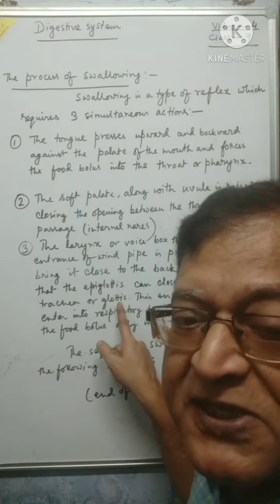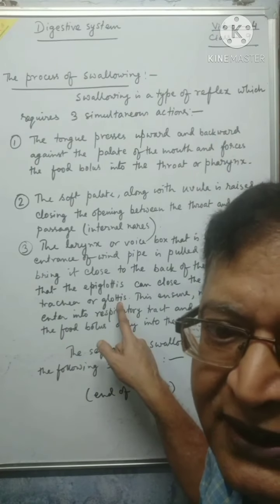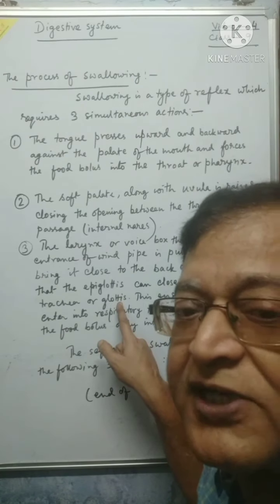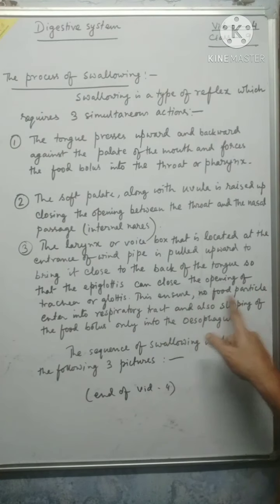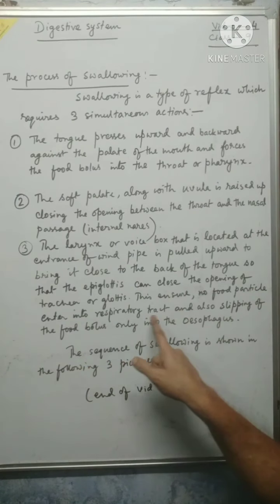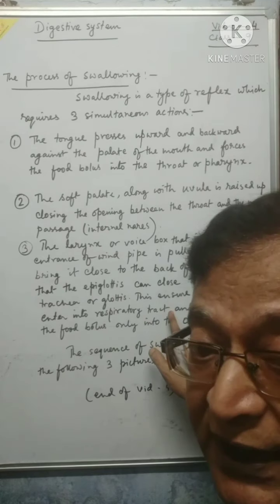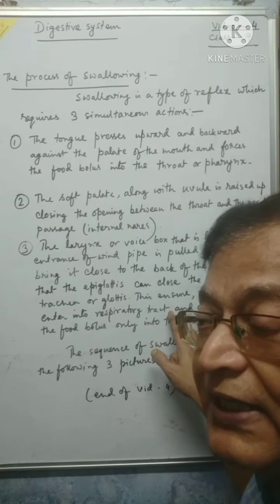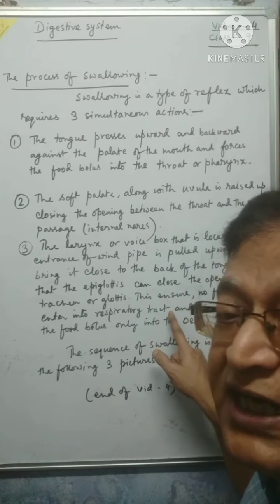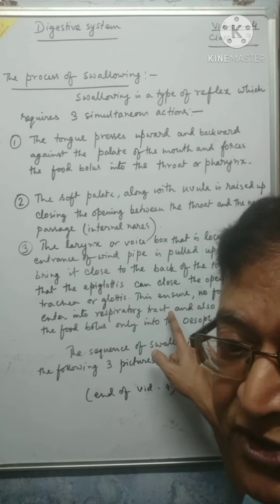This is because the windpipe is not the area where food should enter. It is an air pipe for respiration, breathing. This ensures no food particle enters into the respiratory tract. That is very important. If by chance any food particle enters our respiratory tract, it results in coughing, and it is dangerous also.